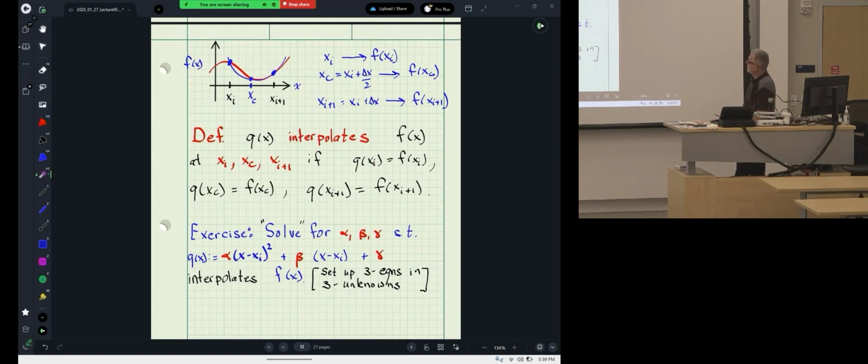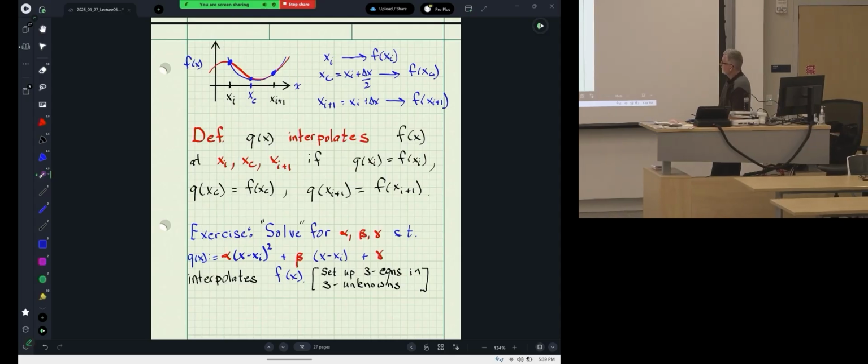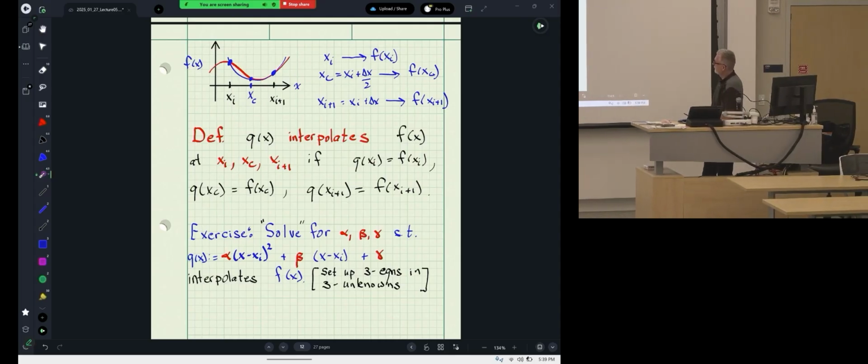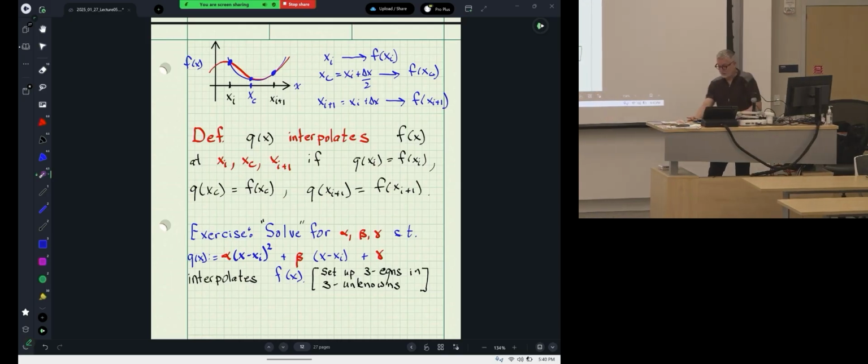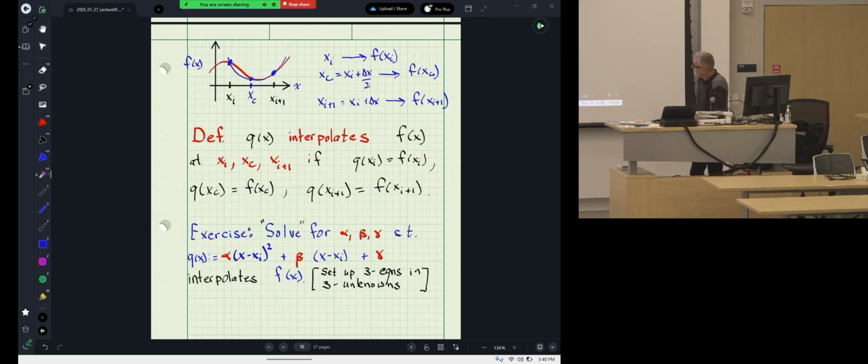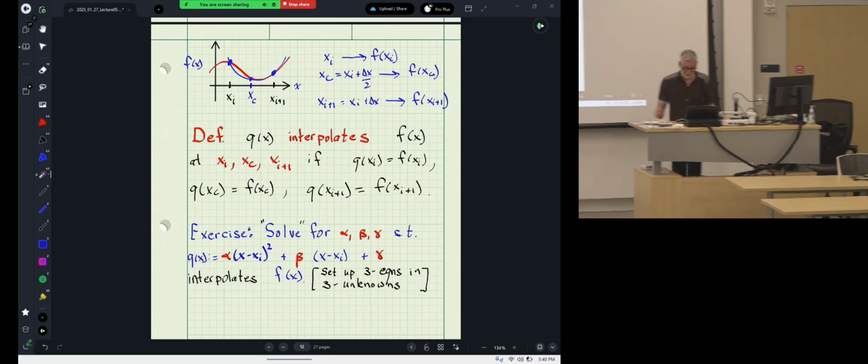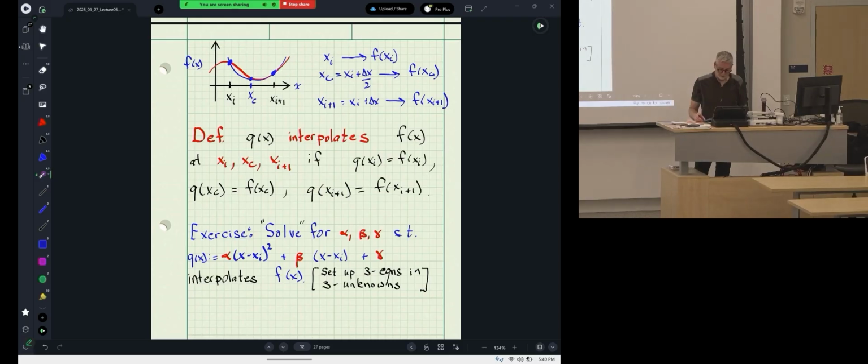See if you can find the formulas that alpha, beta, and gamma have to satisfy. What you find out is you only have to do that once in your lifetime in the history of humanity, because you can reuse the formulas at all other values of xi, f, etc.